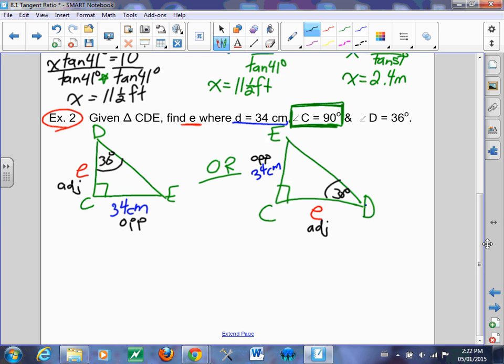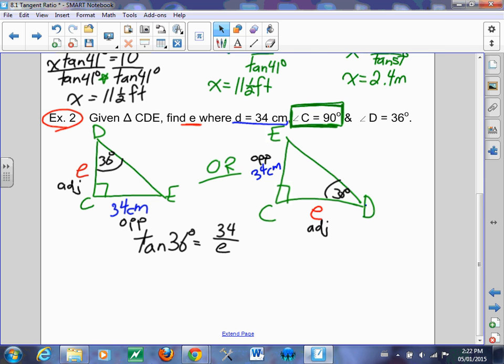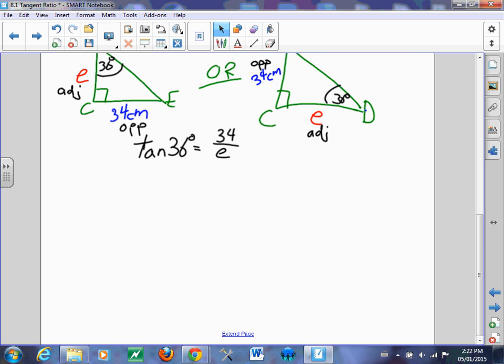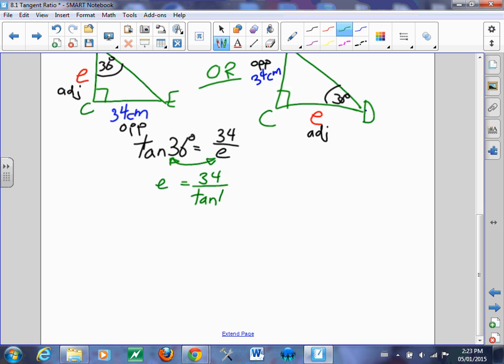Okay, so we're going to go tan of 36 degrees equals the opposite side, which is 34, over my adjacent side, which is E. Okay, if you use X by chance, just at the end, put down E equals. Okay, E is on the bottom, so you're going to switch it. So E equals 34 divided by tan of 36 degrees.